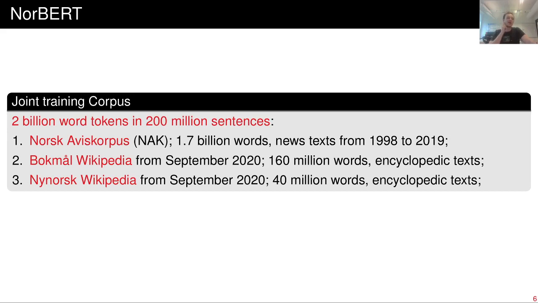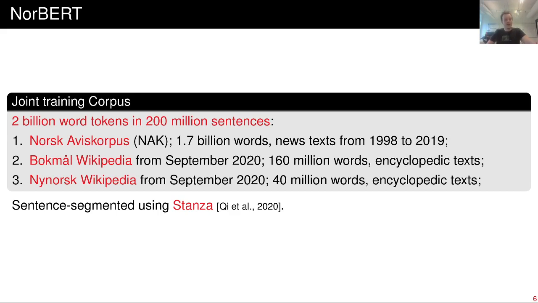It consists mostly of two parts: the so-called Norsk Aviskorpus, or Norwegian news corpus, which contains news texts published in the time period from 1998 to 2019, and the second part is Bokmål and Nynorsk Wikipedia dumps from September 2020. So our corpus consists mostly of news texts and encyclopedic texts.